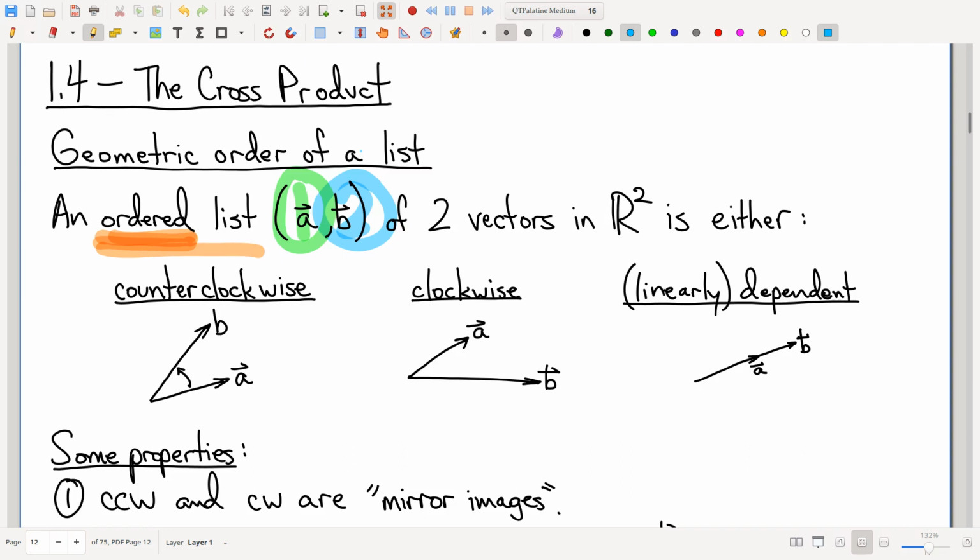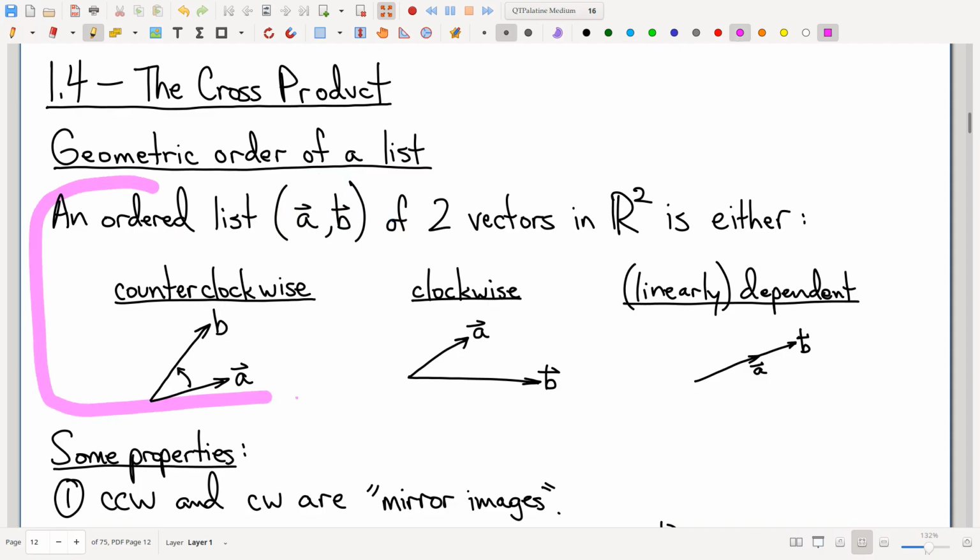And these vectors, they point in directions. And I want to talk about the relationship between those directions, right? In particular, let's suppose that we look at this situation right here, where our first vector, A, is that way, and our second vector, B, is that way.